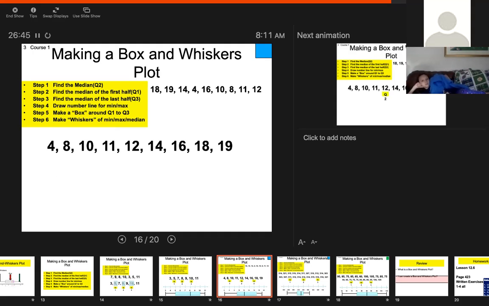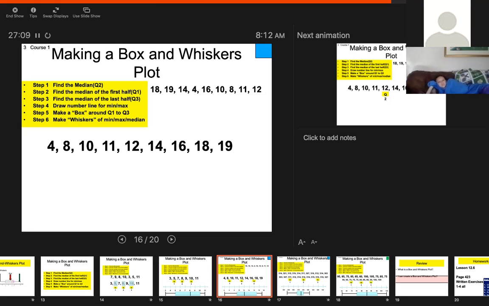Okay. 1, 2, 3, 4, 5, 6, 7, 8, 9. 1, 2, 3, 4, 5, 6, 7, 8, 9. Okay. I still could have made a mistake, but at least I tried not to make a mistake. That takes longer than making the number line.